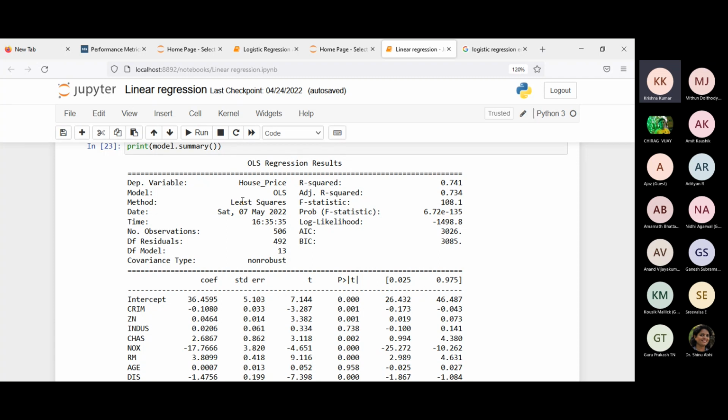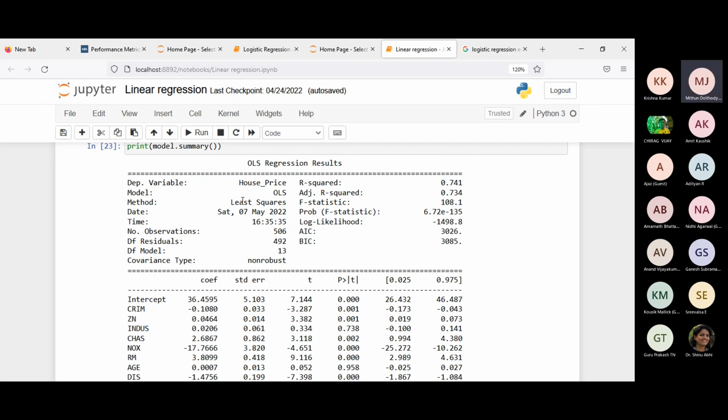I think adjusted R square is 0.734, so it's nearly the same as R squared. F statistic is just a number, but we'll look at the p-value of it, which is e to the minus 135. I don't know what to say about this overall F statistic and the p-value.